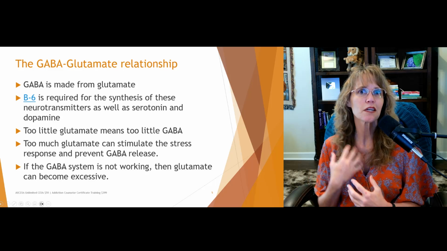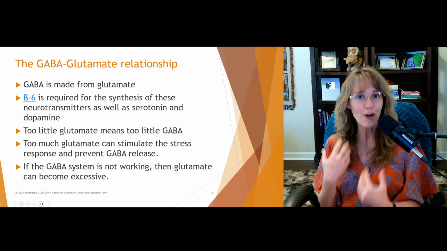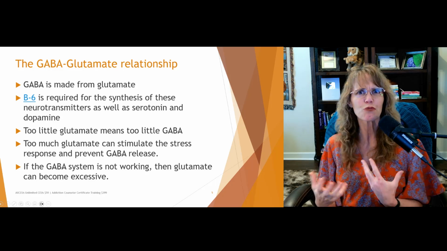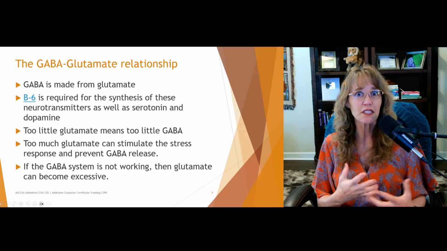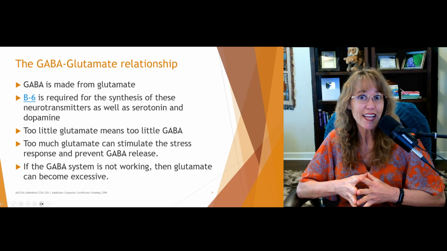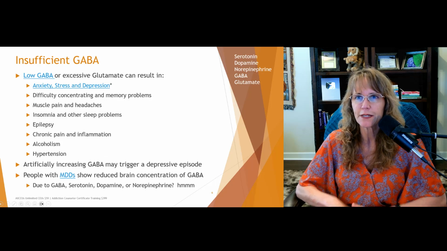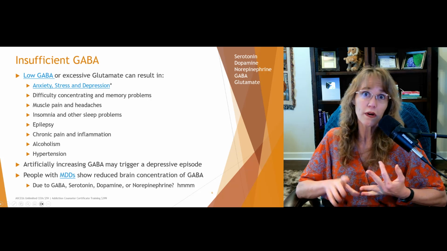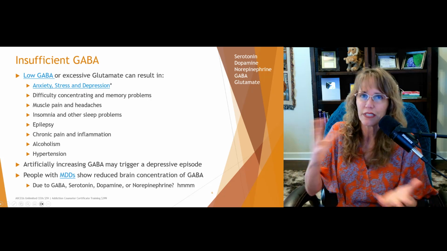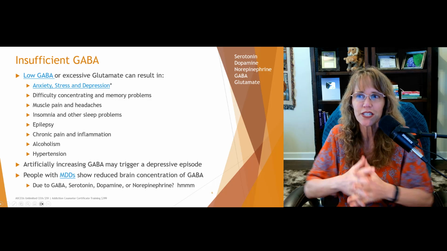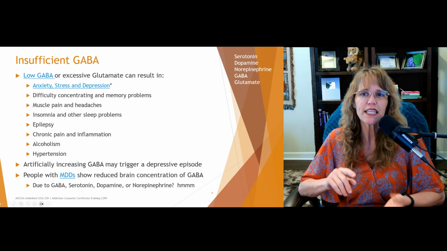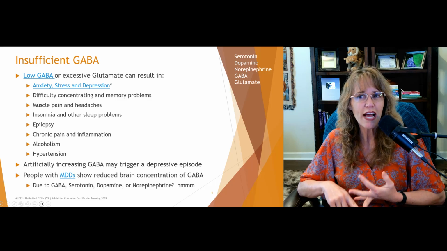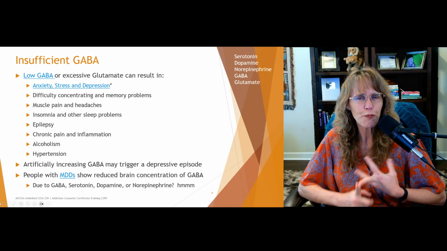And that vagus nerve is going to get progressively weaker and less responsive, which means even less chance that enough GABA is going to get released. Low GABA or excessive glutamate, we don't know, could be either one when you're looking at the symptoms, can result in anxiety, stress, and ultimately depression.